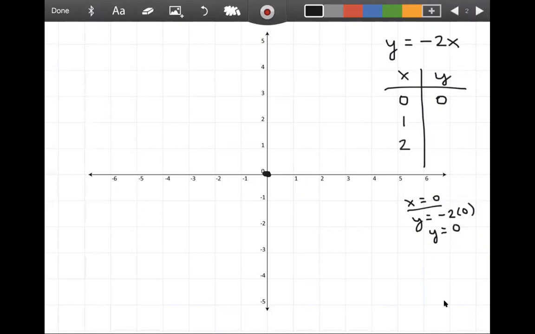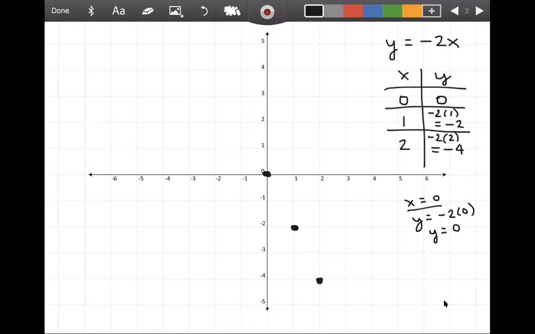Oh, I think we can just do this right here. When x is 1, y is -2 times 1, which is -2. And when x is 2, y is -2 times 2, which is -4. So that gives us not only 0, 0, but also 1, -2, and 2, -4.